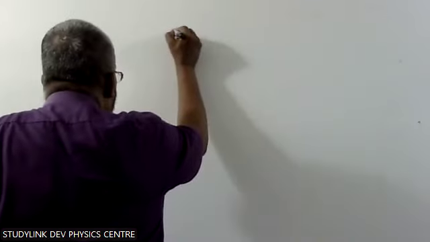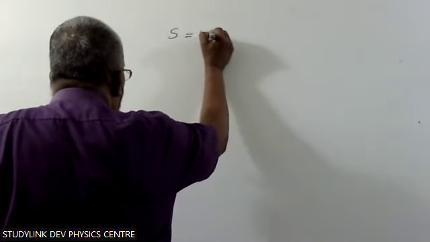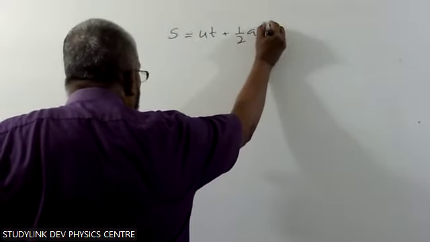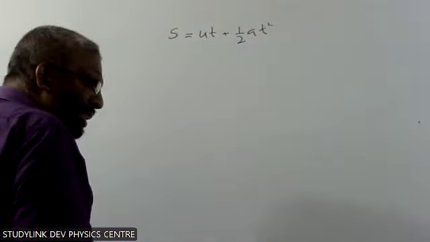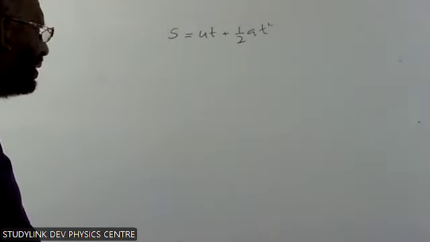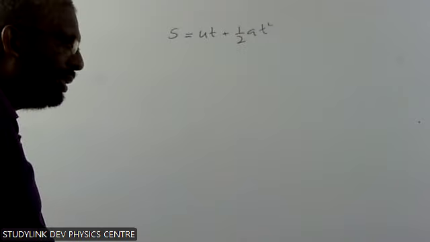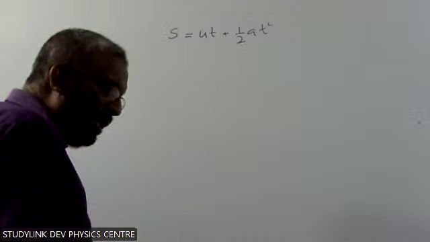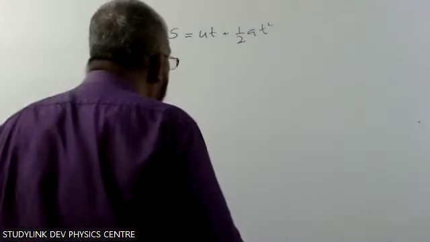I'll write a certain equation: S is equal to U T plus half A T squared. Normally for all levels this is not there. I think these days some schools in Colombo teach it. This is normally called the linear motion equation.